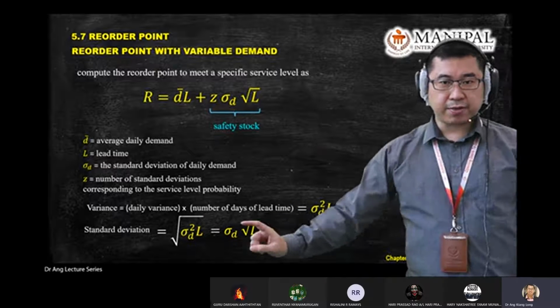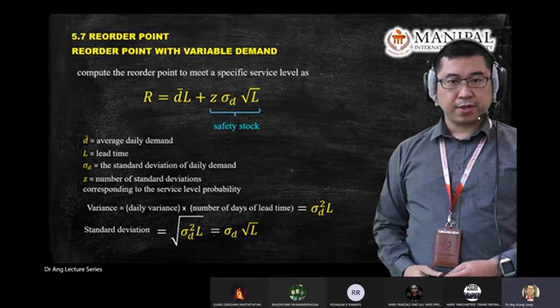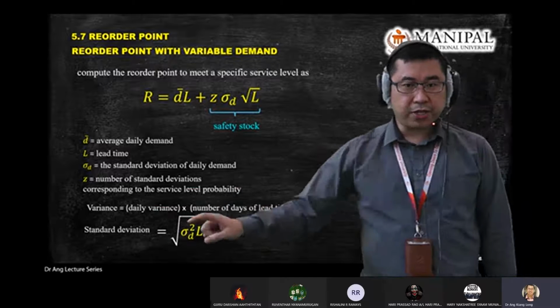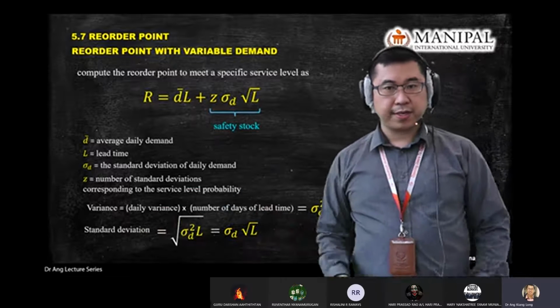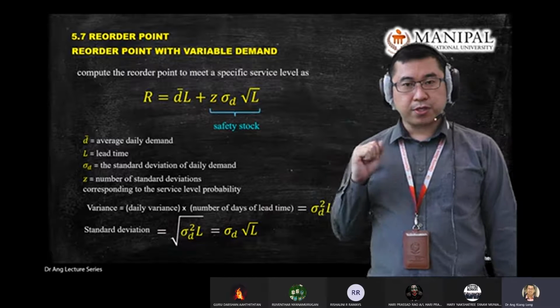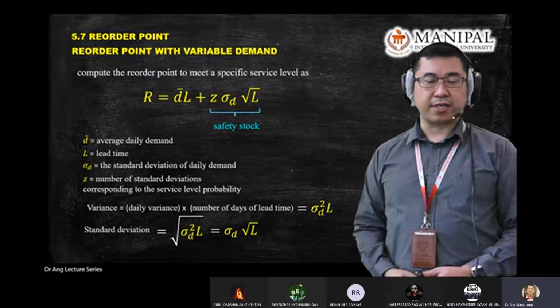And this one L, continue with the operation square root L. So variance equal to this one, standard variation equal to this one. Since we're going to use statistical approach, you're going to see percentage in later calculation.